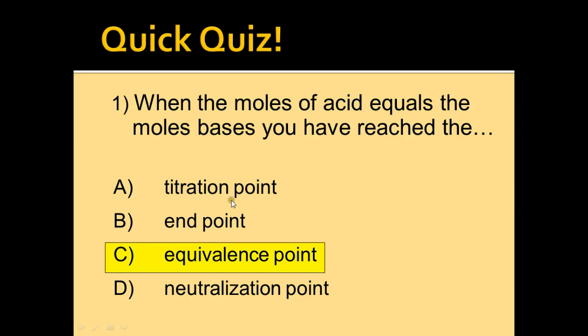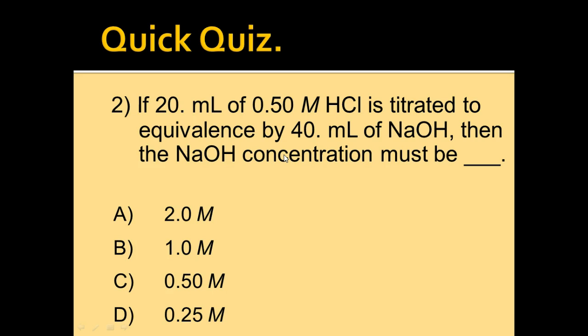And titration point and neutralization point, you can just ignore those. And so if 20 milliliters of 0.5 molar HCl is titrated to equivalence by 40 milliliters of NaOH, then the NaOH concentration must be blank: 2, 1, 0.5, or 0.25 molar.